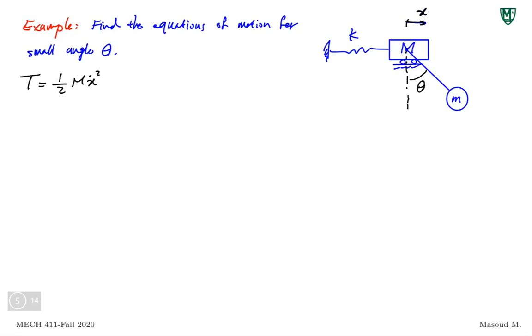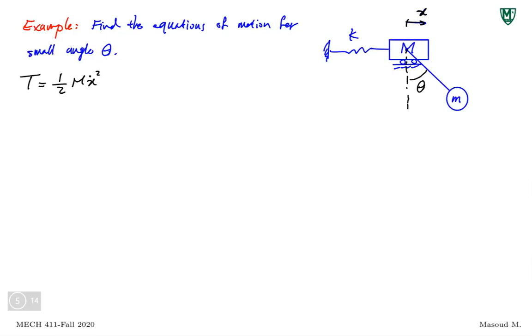I can look at this pendulum as a rotating object, rotating around this point that is connected to the cart. Or I can look at it as a translational system with some velocity v, as long as I can find that velocity. They both give you the same answer.